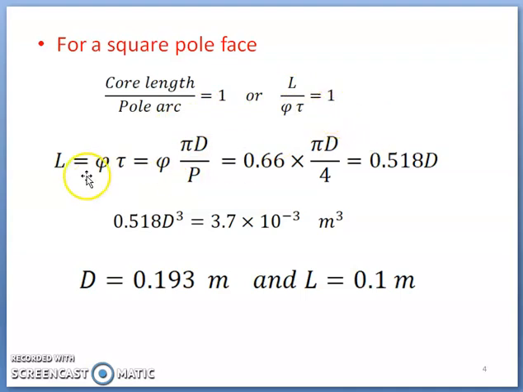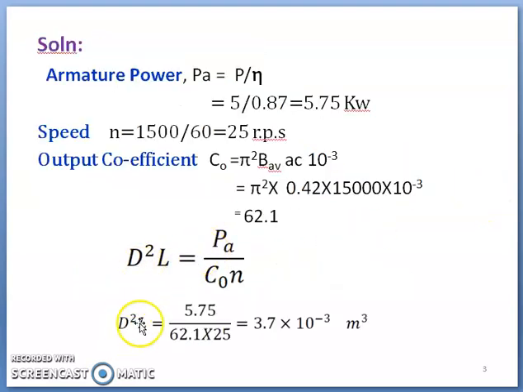Therefore from this L equal to psi tau, and you know tau is pi D by P, right? Ratio of pole arc to pole pitch is given, that is 0.66 and number of poles are mentioned. It is 4 pole machine. Hence L equal to 0.518 D. Okay. L is expressed in terms of D. And already we have product D square L as 3.7 into 10 raised to minus 3.